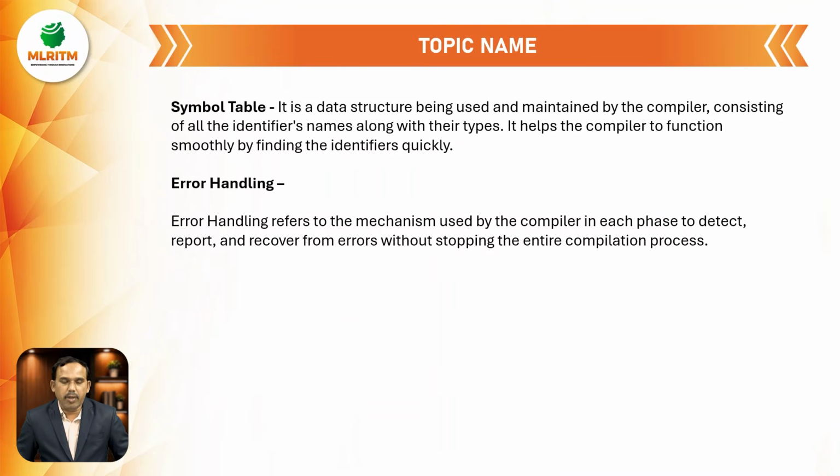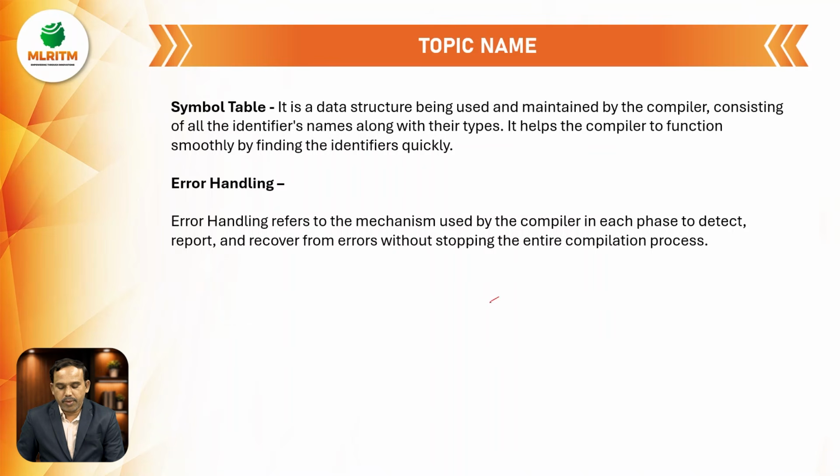And the symbol table is a data structure used and maintained by the compiler, consisting of all identifier names along with their types. It helps the compiler to function smoothly by handling the identifiers quickly.